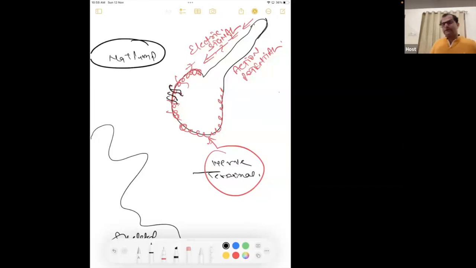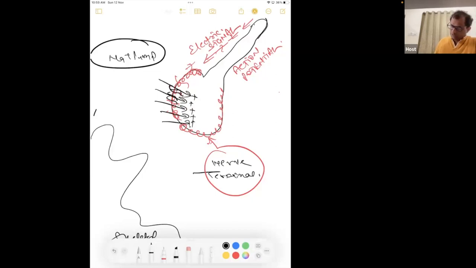Now what will start? I already told you, whenever you want to contract anything, sodium starts going in. And it will bring plus polarity in because it was minus polarity earlier.